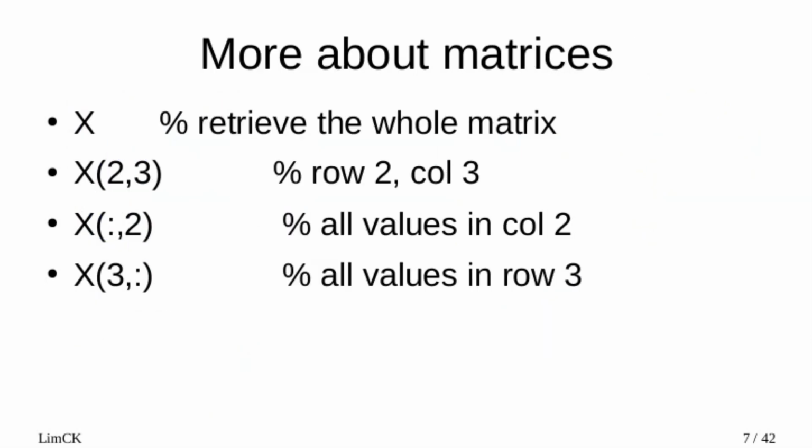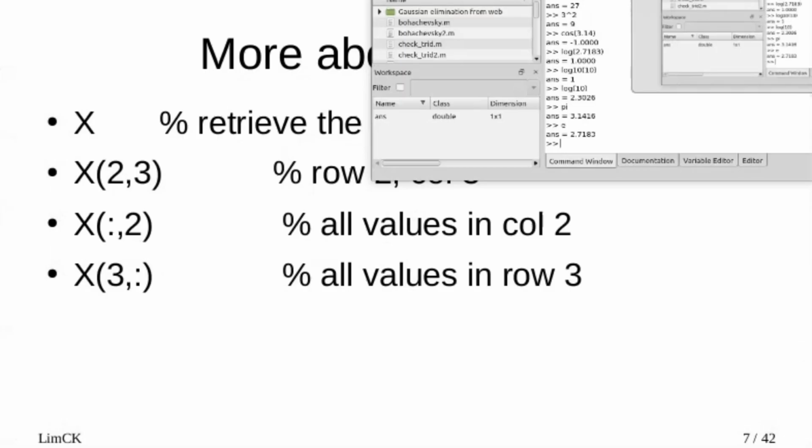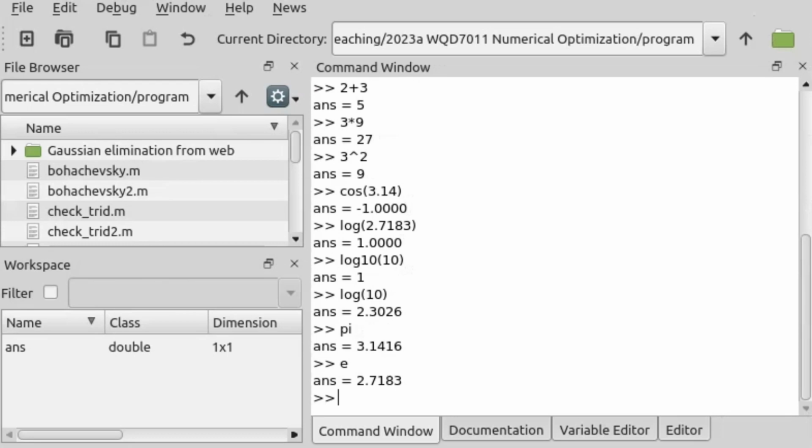We can create variables, including vectors and matrices, easily in Octave. Let me demo. Let's say we want to create a variable called A. A equal to 3.